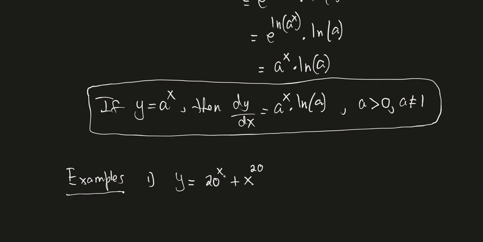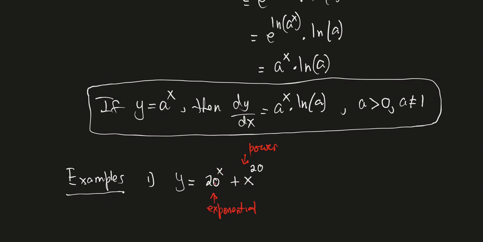And the reason I'm doing this is because I want to emphasize the difference between an exponential function versus a power function. So this is an exponential function. This is a power function. What's the difference? The difference is where the variable is located.